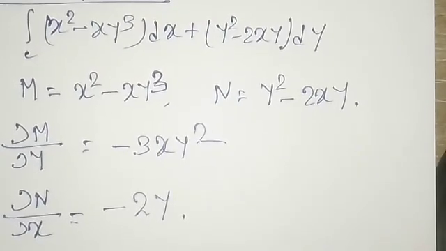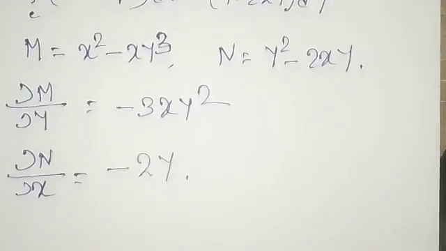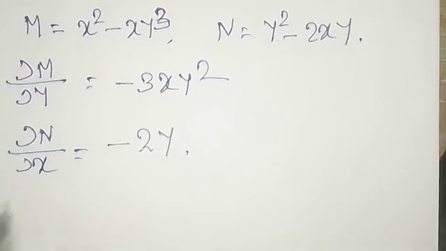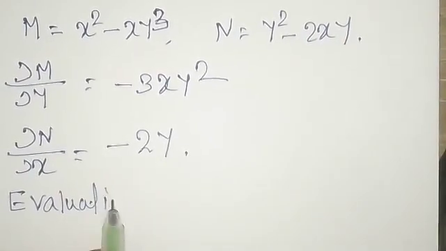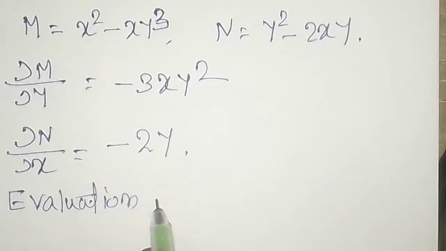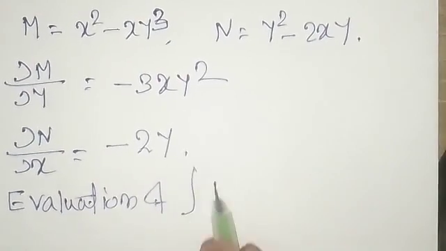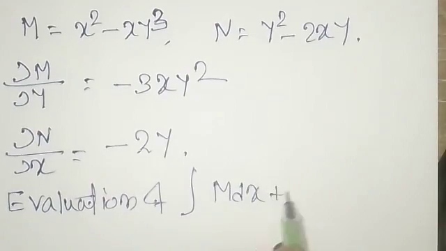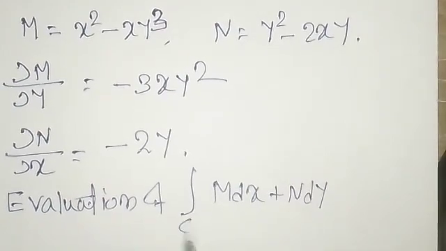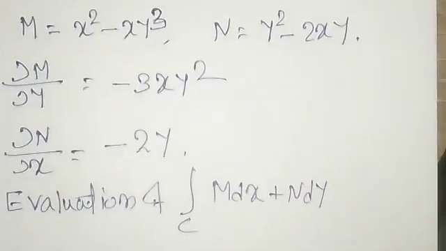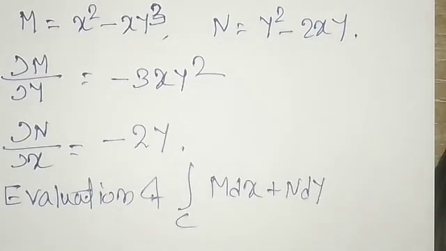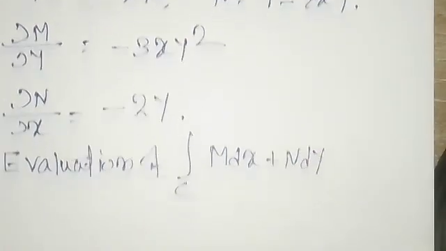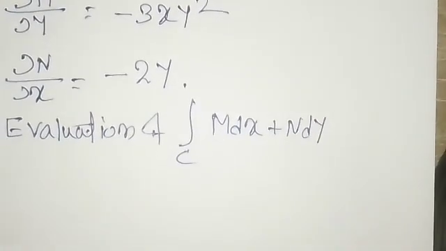Now we have to go for the evaluation of M dx plus N dy over the curve C. The curve is the square given with the four vertices (0,0), (2,0), (2,2) and (0,2).